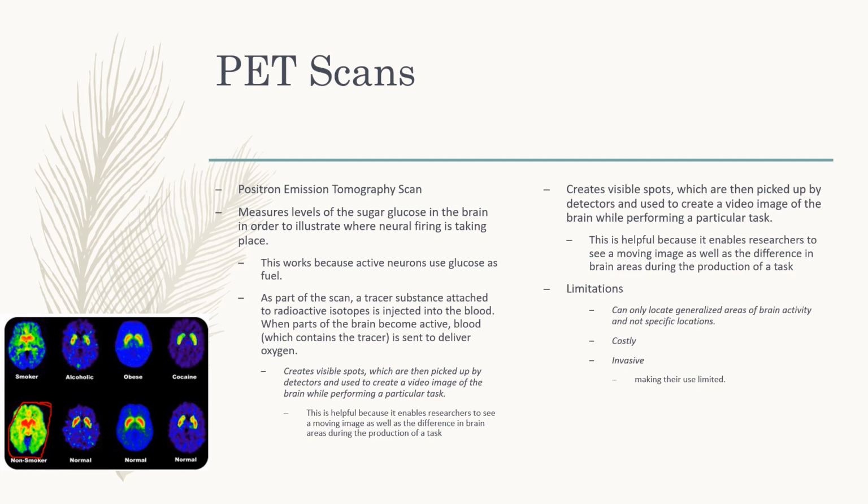So a few strengths of this is that a video image of the brain is being used here and can be made while the subject is performing a particular task. And so it enables researchers to see a moving image as well as the difference in brain areas during the production of a task.